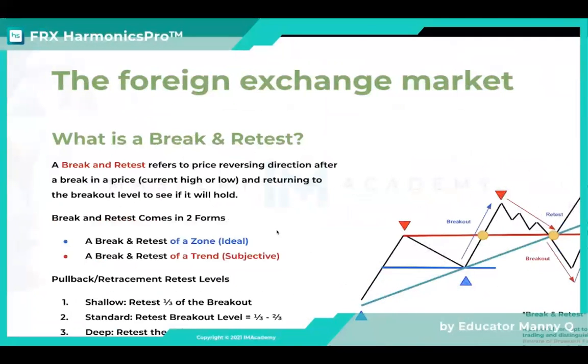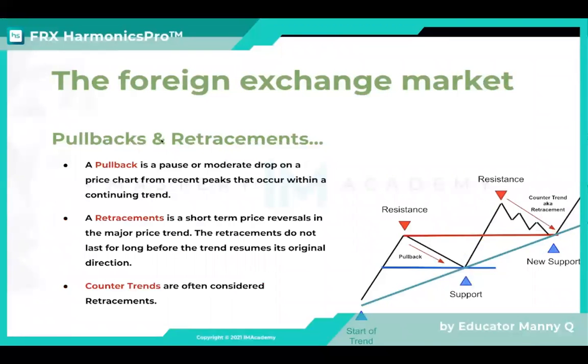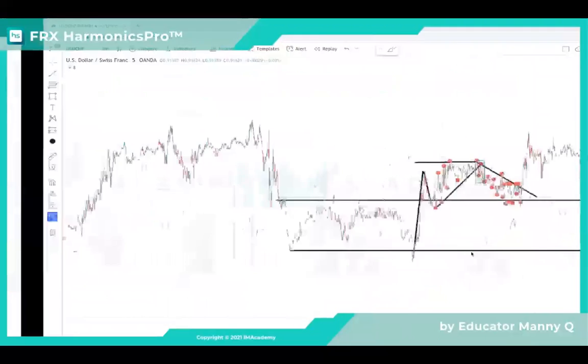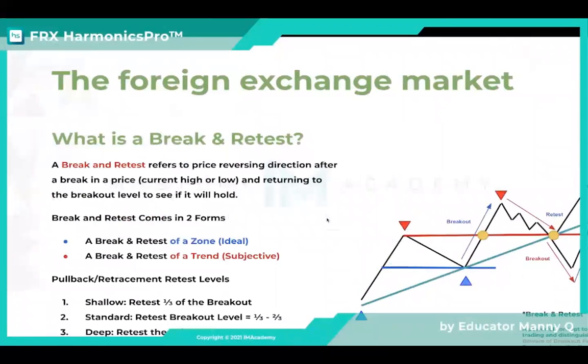Now, moving forward, let's talk about what is a break and retest. All righty. Now we're beginning to dive deeper. As the market pulls back and retraces before continuing its trend, this concept to many traders can also signify something known as a break and retest inside of the market.